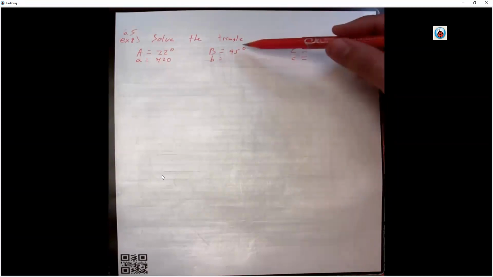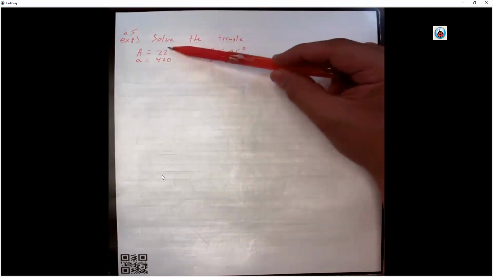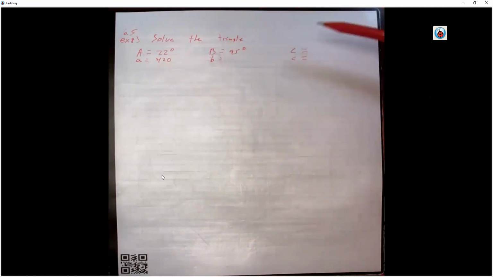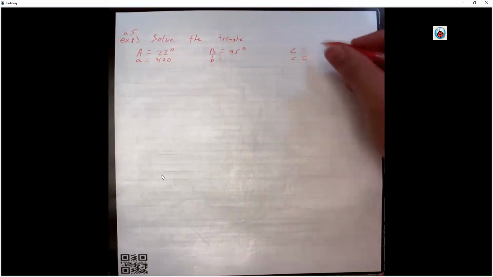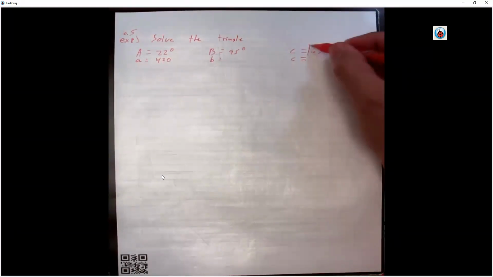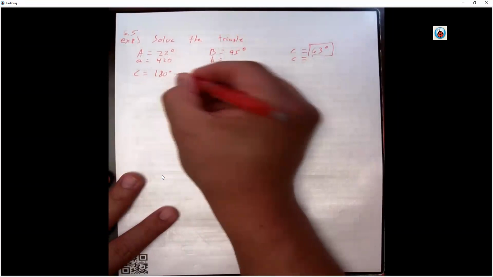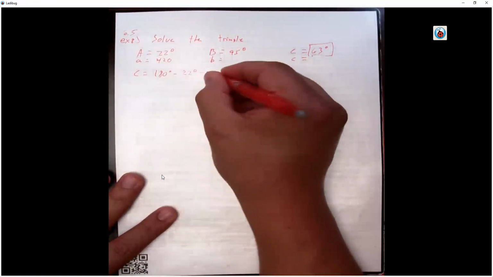Why do you feel it needs to be 90? It's 180 minus whatever the other two are. It doesn't matter what they are. You just subtract these two, and that leftover is going to be C every single time. So this is always true: 180 minus the other two angles will give me the third angle. The numbers don't matter. So capital C is equal to 180 minus 22 minus 95.